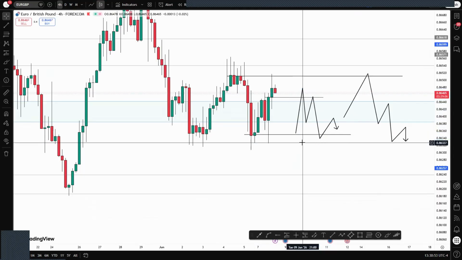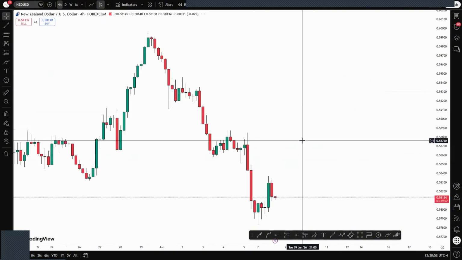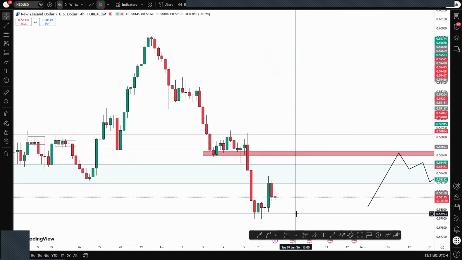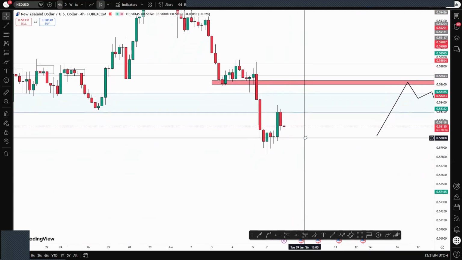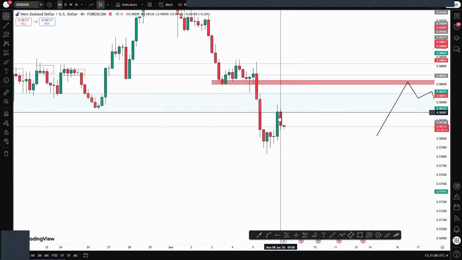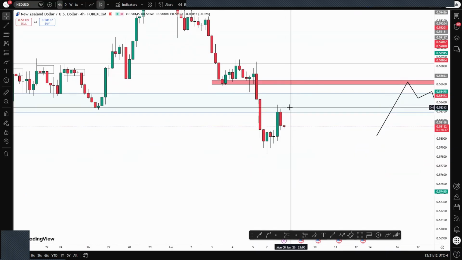Next thing we have is NZD-USD. Like I showed you, just because price has retested this level, it doesn't really mean that price will sell immediately.